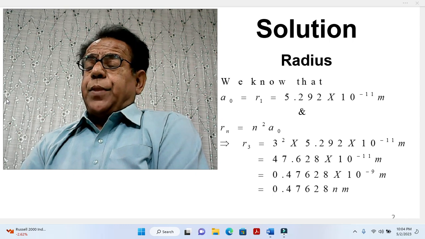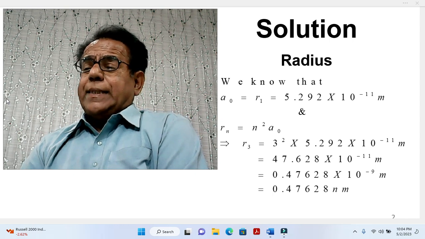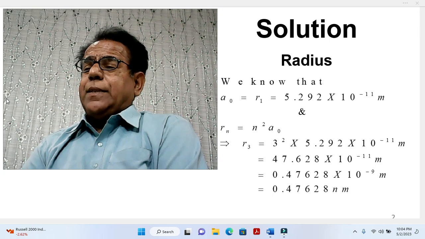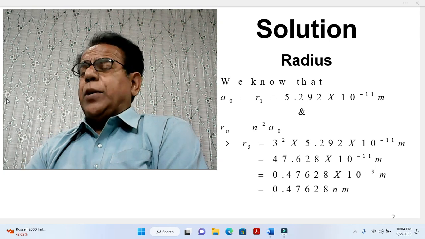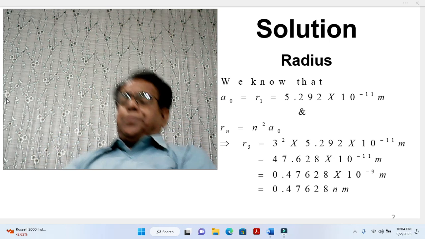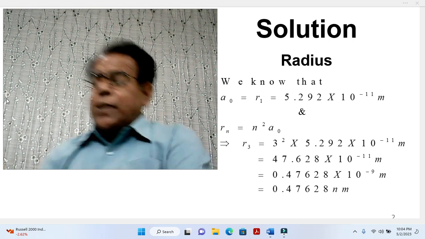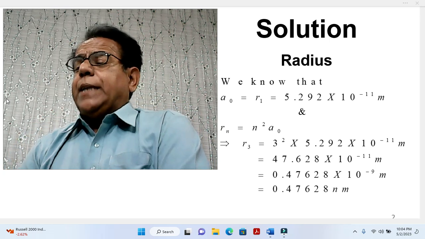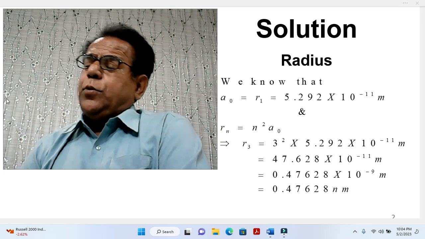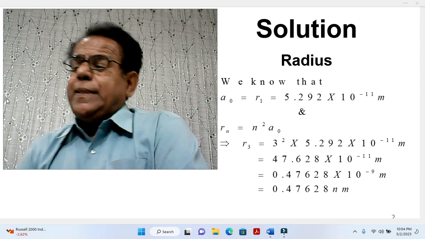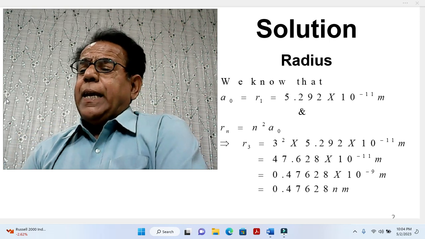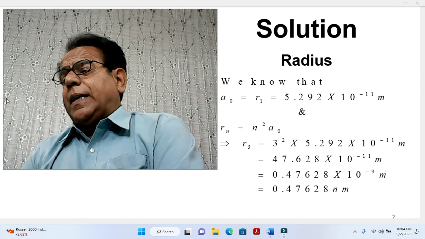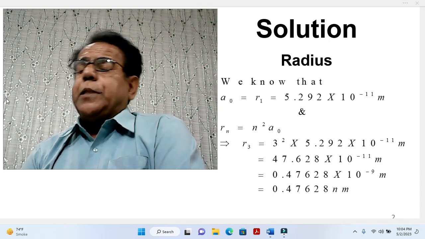So the nutshell of my point of view is that this value, 0.47628 nanometer, is quite okay, because it is the exact quantity which has appeared as a result of the mathematical operation.